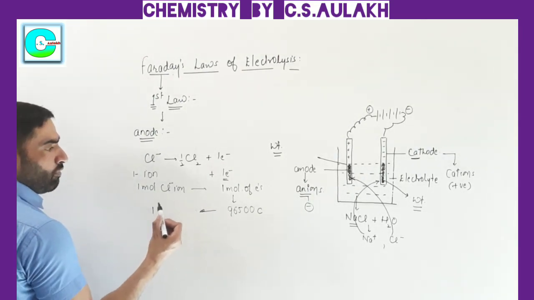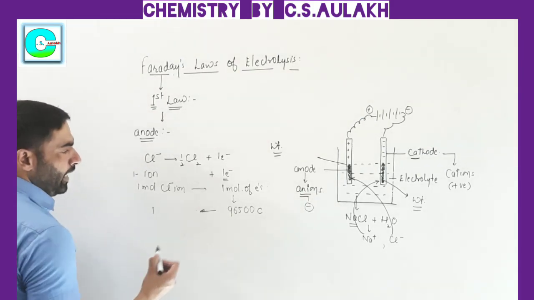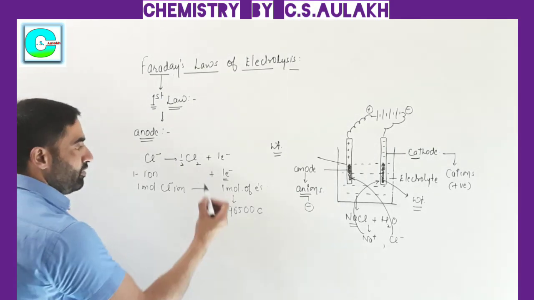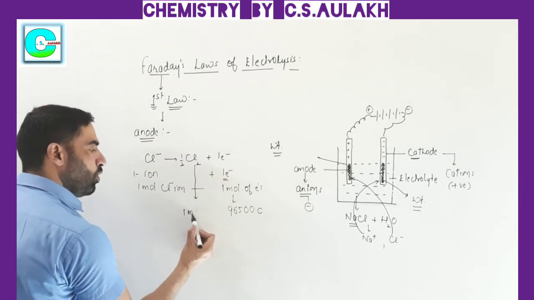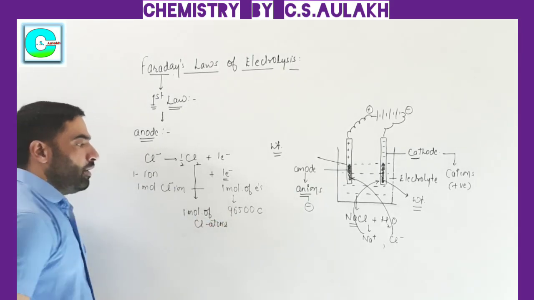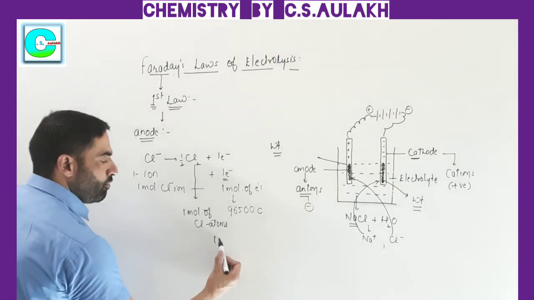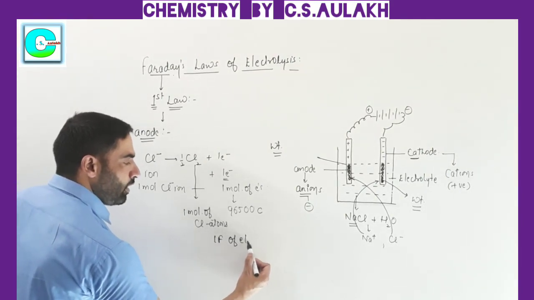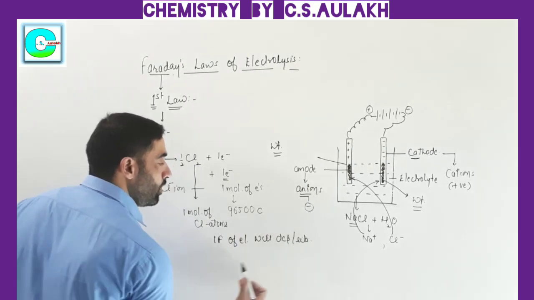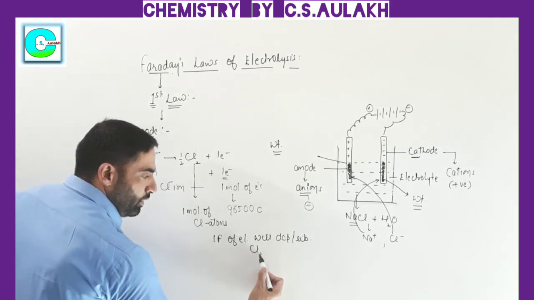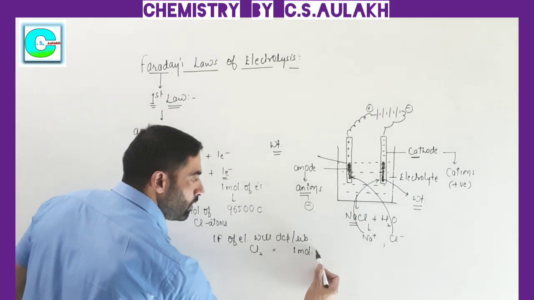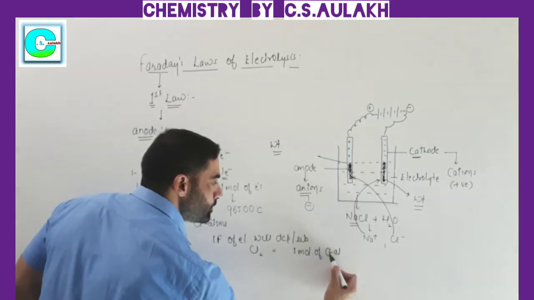So with 96500 coulomb of electricity, there will be the formation of 1 mole of Cl atoms. So we can write like this: 1 Faraday of electricity will deposit or liberate chlorine equal to 1 mole of Cl atoms.